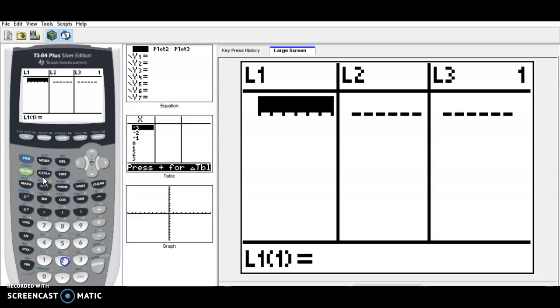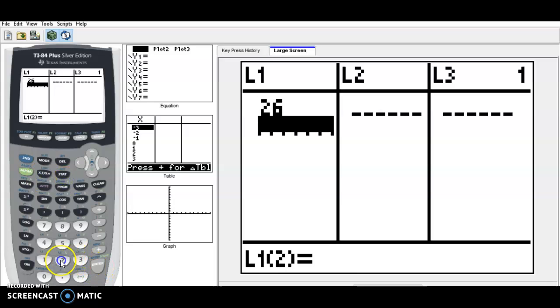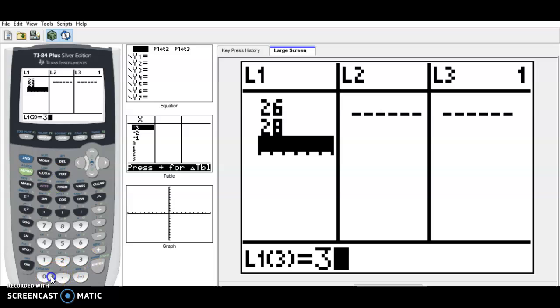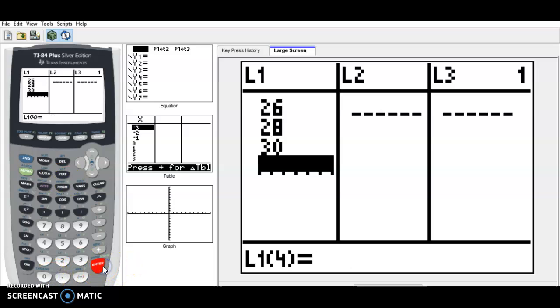Here's first, 26, press enter. 28, press enter. 30, press enter. I'm going to stop saying it out loud. Just go ahead, use the table to enter the information.